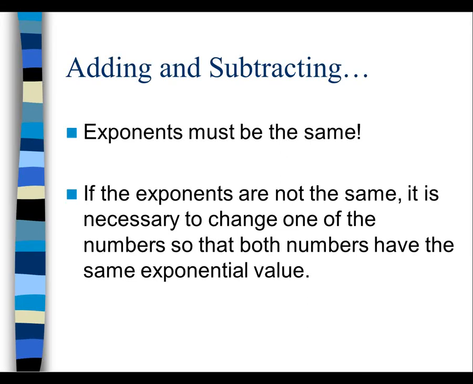For example, if I had 4.53 times 10 to the negative 2 plus 4.55 times 10 to the negative 4, we need to make sure that both of those exponents are the same. But that's just the first slide, and you'll see what I mean by it, okay? You can have negative exponents. So you don't have to write that whole thing, but you do have to say exponents must be the same. You must change them if they're not.